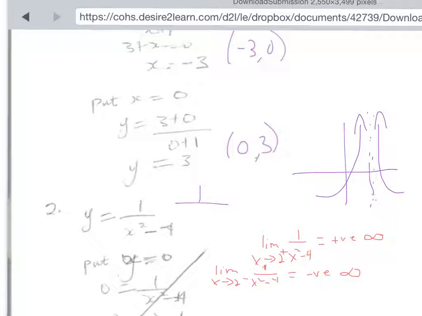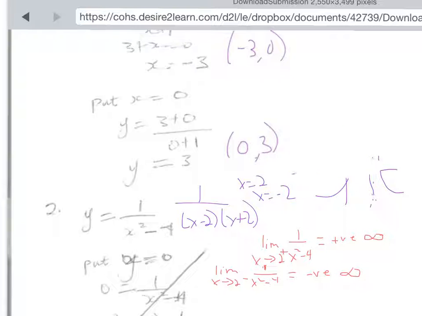So in this case, we would factor x squared minus 4 as x minus 2 and x plus 2. And we can see that x values of 2 and minus 2 are going to give us a 0 in the denominator. So now we found the value of our asymptotes. So if we go back over to our graph, let me get rid of this one so we don't confuse things.